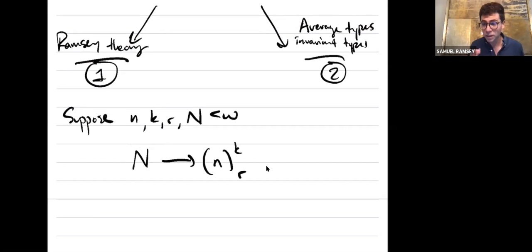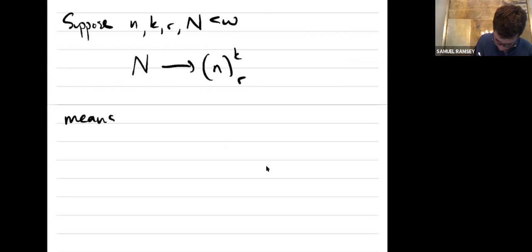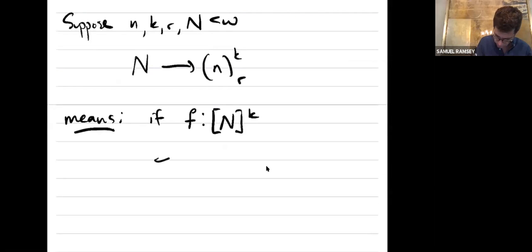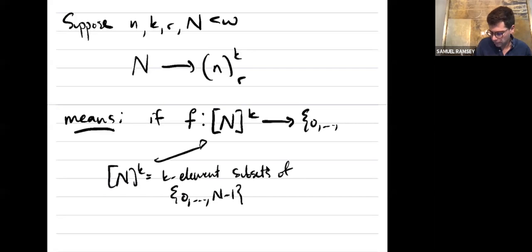Okay, so what does this mean? This means if f is a function from the k element subsets of the set 0 through N minus 1 to r, and this function is like a coloring with r colors.